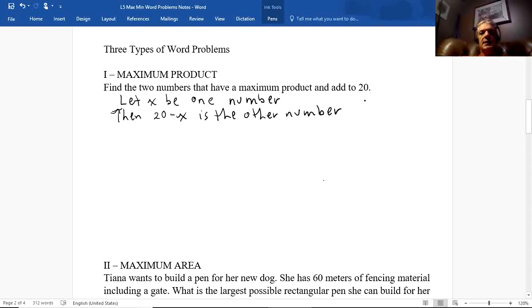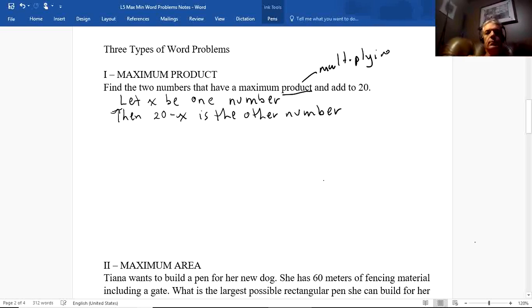Now, maximum product refers to multiplying, right? So what we're going to do is say let y be the product.